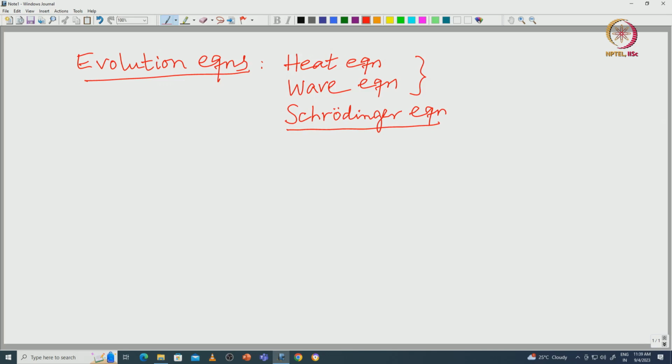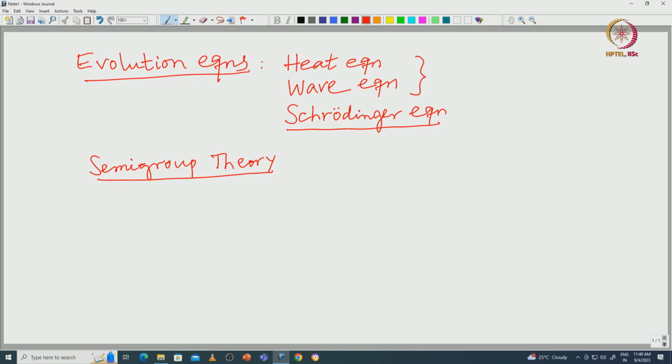But here we have chosen a different path for the study of these equations, namely we use the theory of semigroups of operators to tackle these evolution equations.